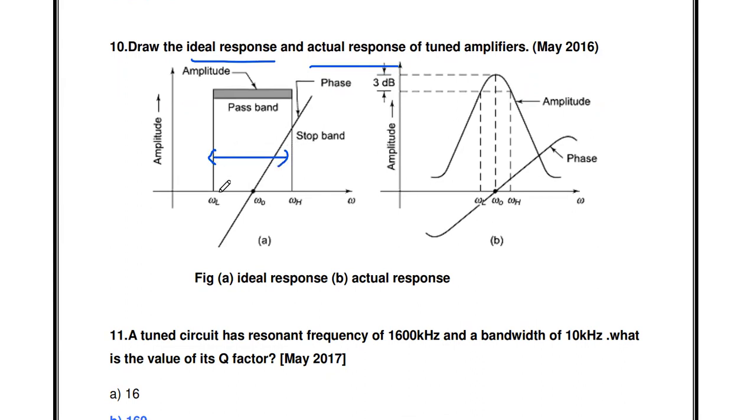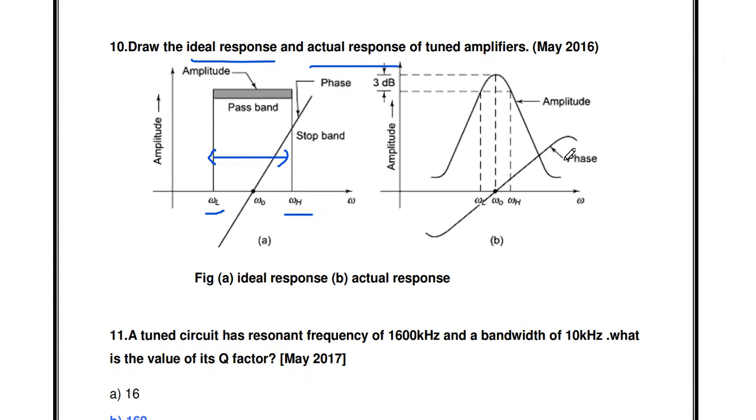This amplifier will amplify the frequency from omega L to omega H, and it will not amplify below omega L and above omega H. This is called a stop band. So this is the ideal response of tuned amplifier. But actually we can't design any tuned amplifier to produce this response.